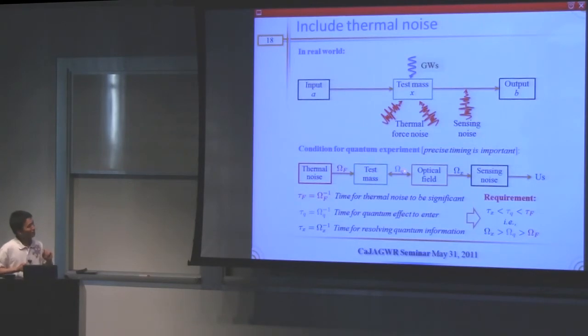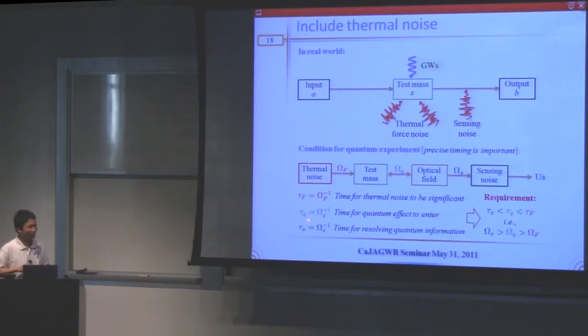And omega q describes how strongly the optical field interacts with your test mass. Omega s is the sensing noise, which adds up at the output. Then tau f, the inverse of the frequency, is the time for the thermal noise to become important.